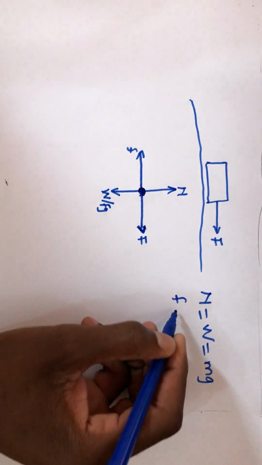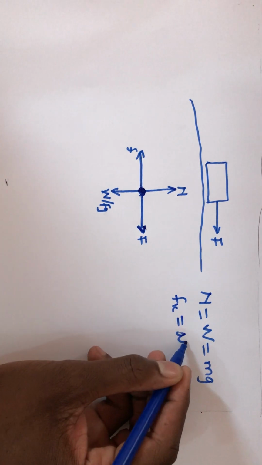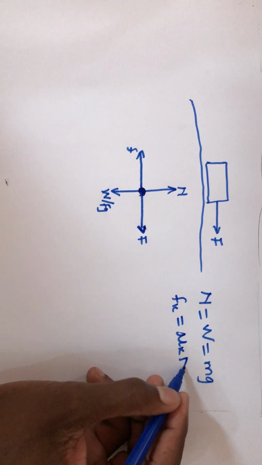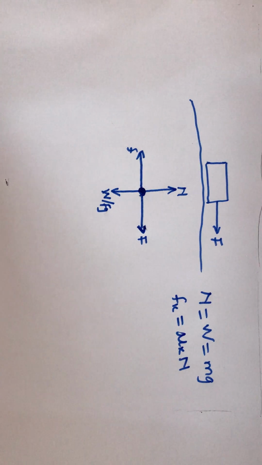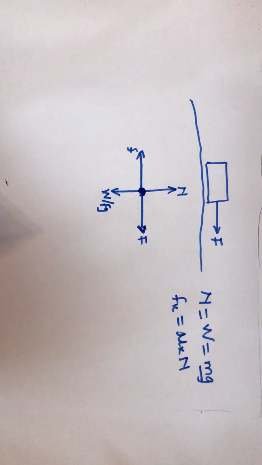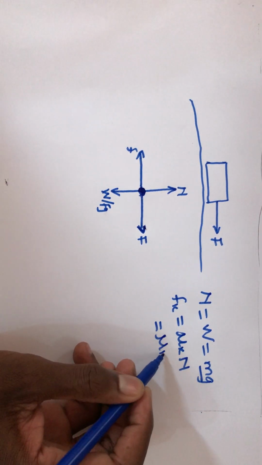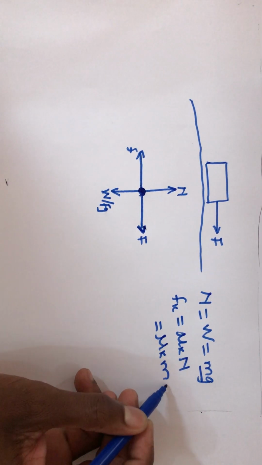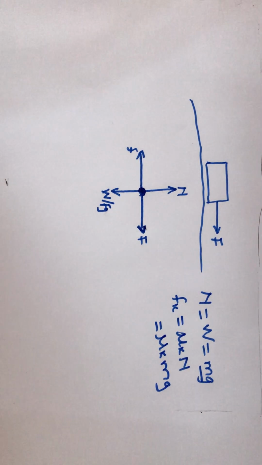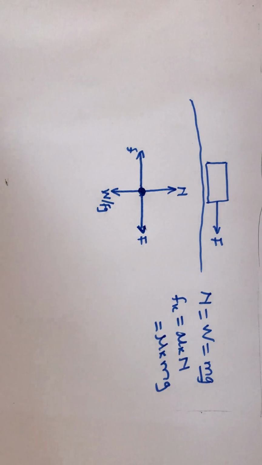We know that the kinetic frictional force is equal to the coefficient of kinetic friction multiplied by normal force. So what is normal force? Normal force is equal to mg, as you can see. So we replace normal force with mg.